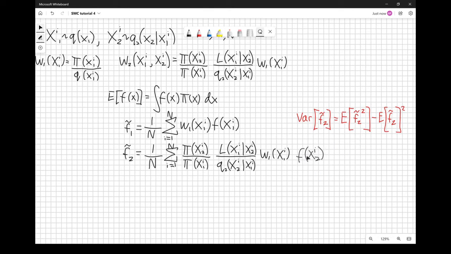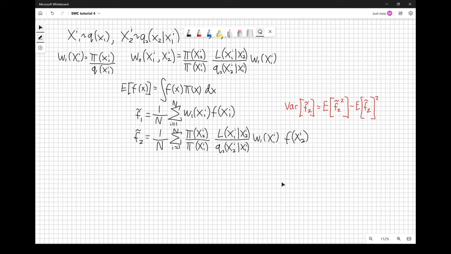Okay, so that is our expression expanded for our estimate at iteration 2. Now I'm going to replace the weights at iteration 1 with this expression. So I'm going to delete weights at iteration 1 and replace with this.